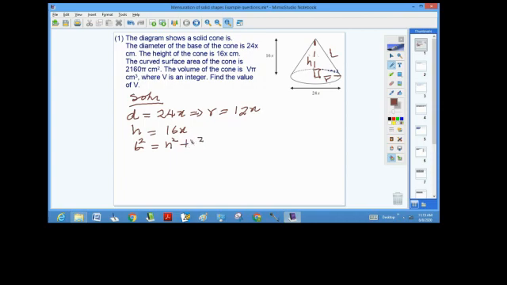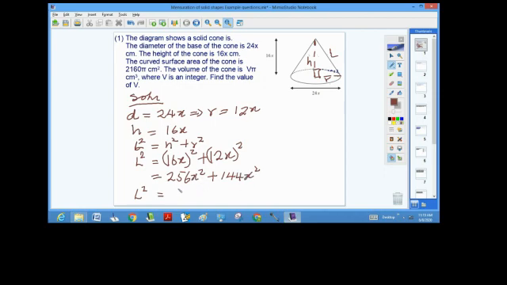So substituting the values, we have L square is equal to (16x) square plus (12x) square, which will give us 256x square plus 144x square.